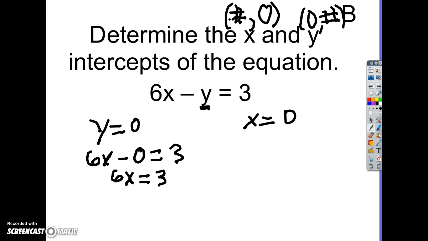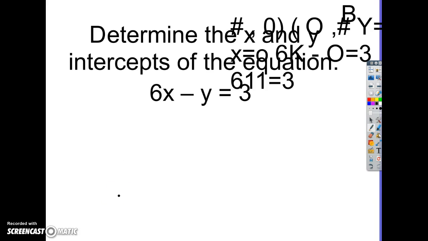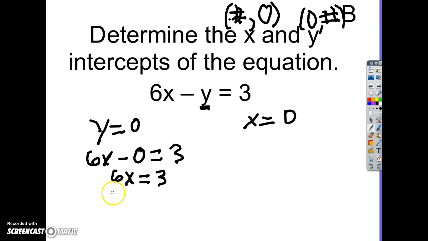So you're going to put 6x on top and divide by 6 on the bottom. And on the right side, you put 6 on the bottom as well. That means that our value of x is 1/2. And our point is 1/2, 0.